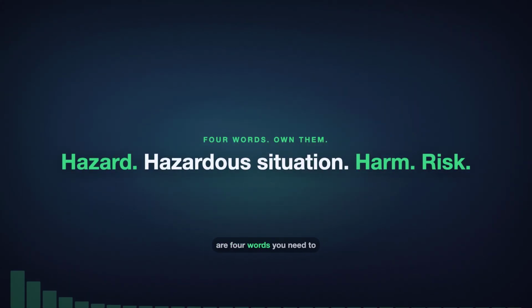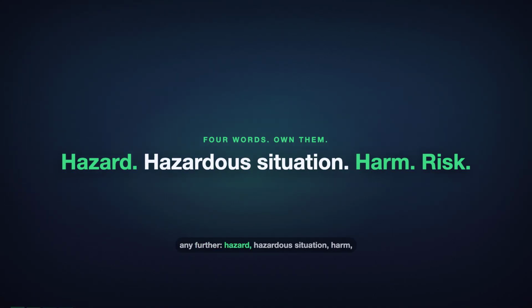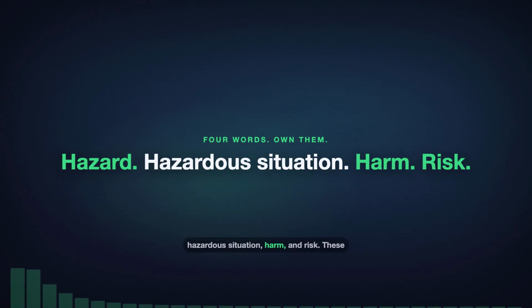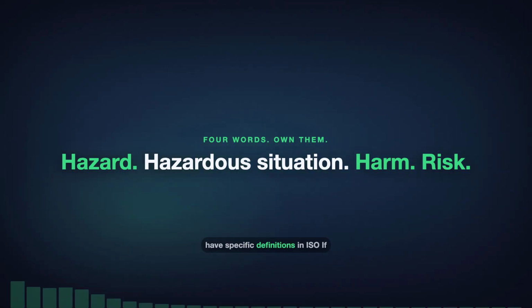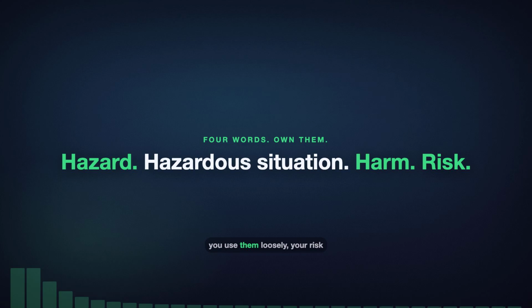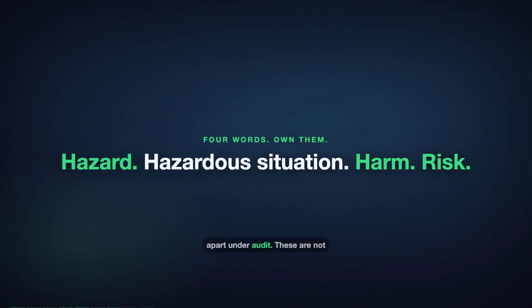There are 4 words you need to own before we go any further: hazard, hazardous situation, harm, and risk. These words have specific definitions in ISO 14971. If you use them loosely, your risk file will fall apart under audit. These are not interchangeable. They are not synonyms.